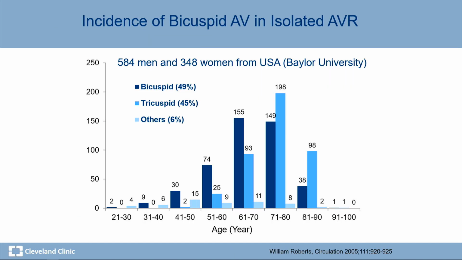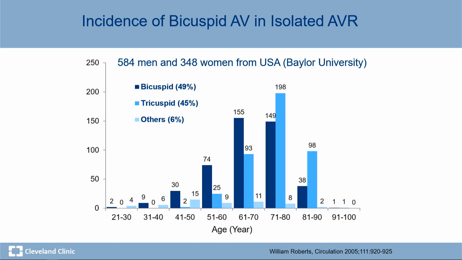The other part is the age of the patients with bicuspid aortic valve. It is true that even in patients who are more than 75, there are a lot with bicuspid aortic valve. When we talk about the new data that are going to be available, we are talking about young patients with bicuspid aortic valve who need to be randomized.